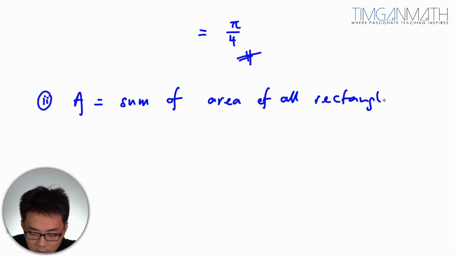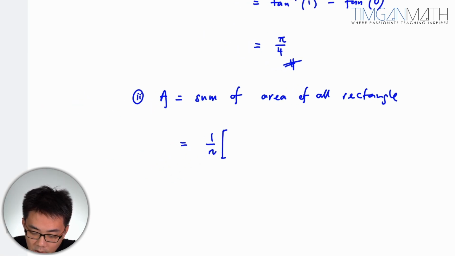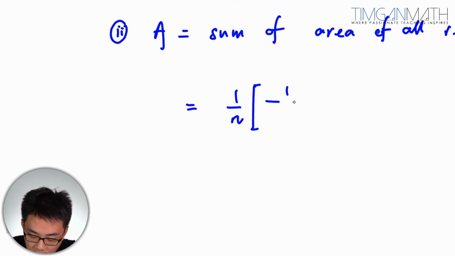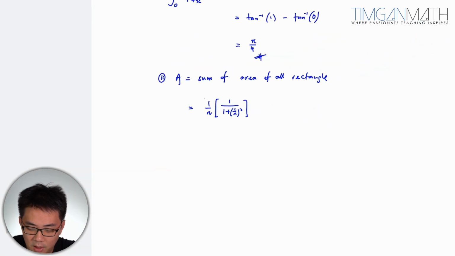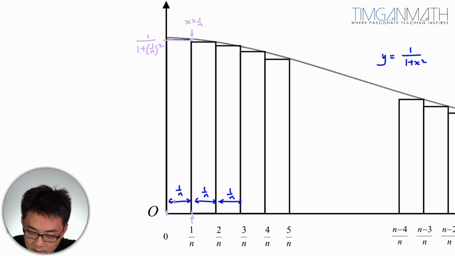So I'm going to take the first one first. I know that the width is 1 over n, and the height is y, which is 1 over 1 plus 1 over n squared. If you just see carefully, it's basically base, which is 1 over n, times the height. This is it.